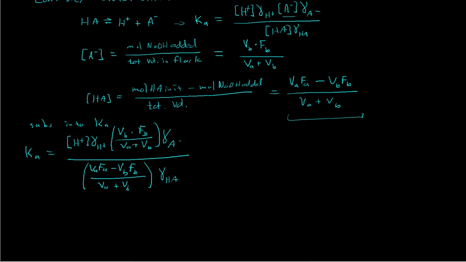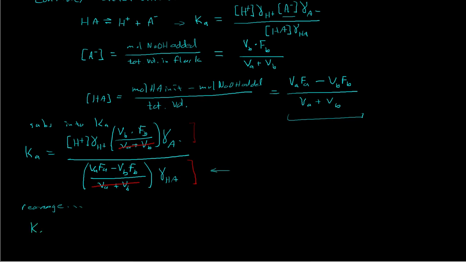Okay, so now you will notice that I have a VA plus VB in the denominator upstairs in my numerator part, and I also have a similar VA plus VB downstairs. So it turns out I can just cancel those out. That simplifies my expression a little bit. And now I'm just going to rearrange things. I'm going to multiply both sides by the denominator down here, so this bit right here after I've canceled things out.